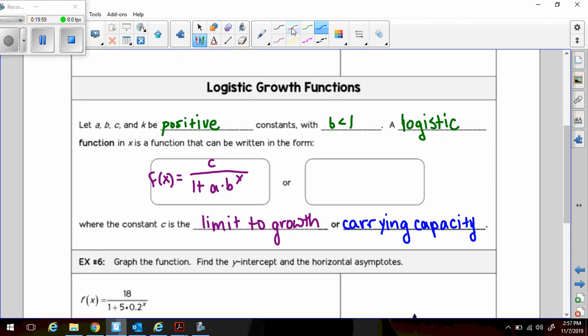Now, a logistic growth function, let A, B, C, and K be positive constants, with B less than 1.